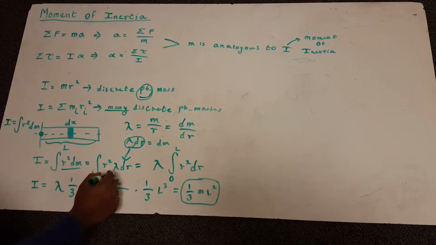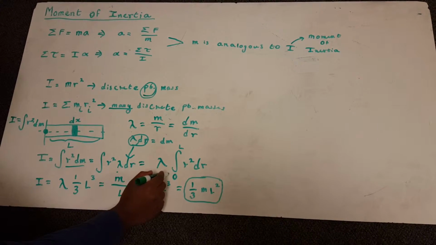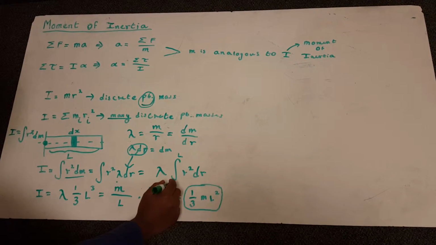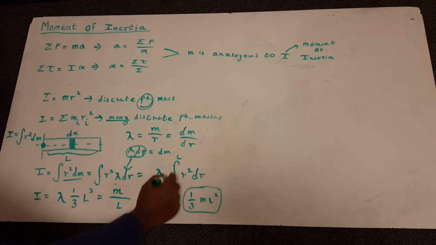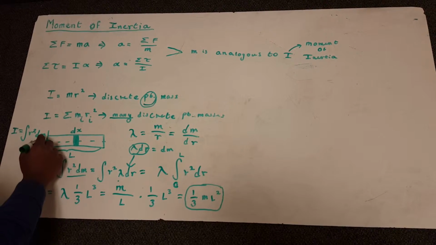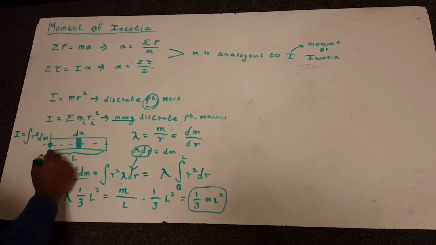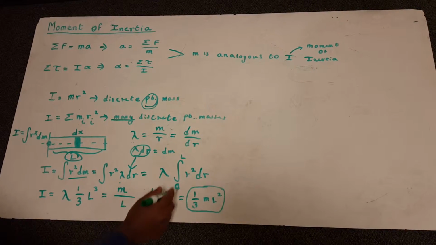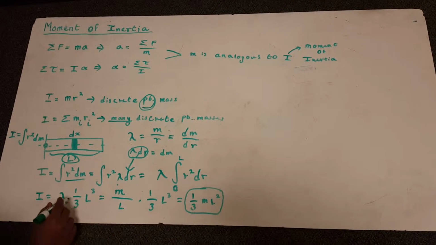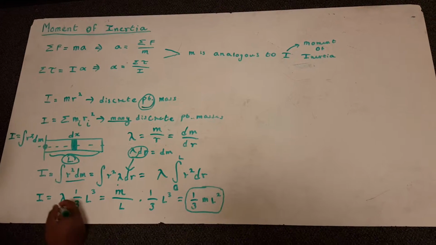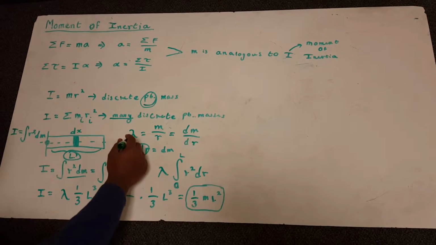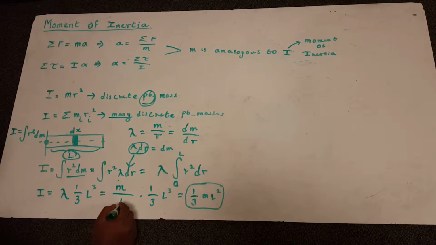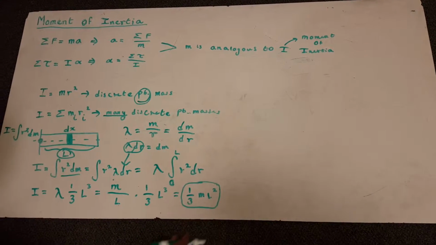Since lambda is a constant, we can take it out of the integral, and we can have our lower bound at 0, which is right here at the end of the rod, to its upper bound, its length, which we defined as L. Solving the integral, we get lambda times 1/3 L cubed, and now we have to replace lambda with m over r, our r being L, and that's what we get: 1/3 mL squared.